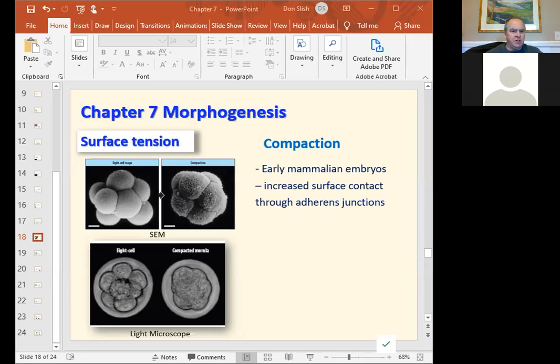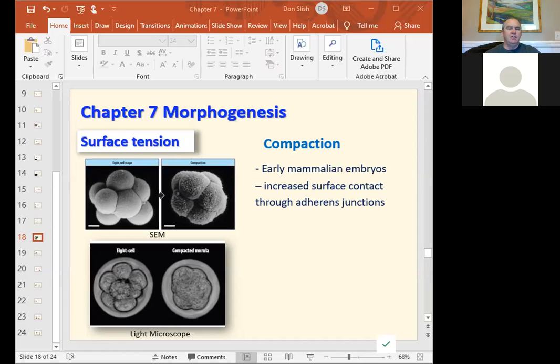So the segregation that happens early in this morula when it goes to the 16 cell stage is that cells with high surface tension move inside, and the ones with lower surface tension, that already have a free side, go to the outside.